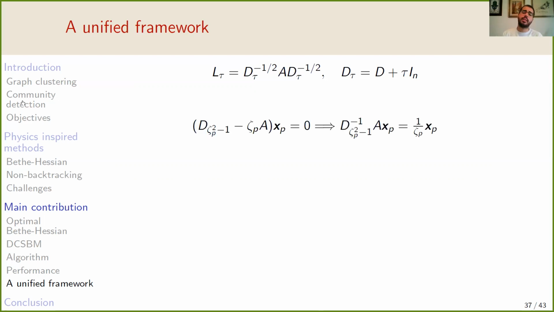Then we can see that the Bethe Hessian matrix, (zeta p squared minus 1) times the identity, plus D, minus zeta p A, can be written as D_tau with tau equal to zeta p squared minus 1, minus zeta p A, and relate the eigenvectors of H of zeta p with the eigenvectors of the regularized Laplacian matrix.